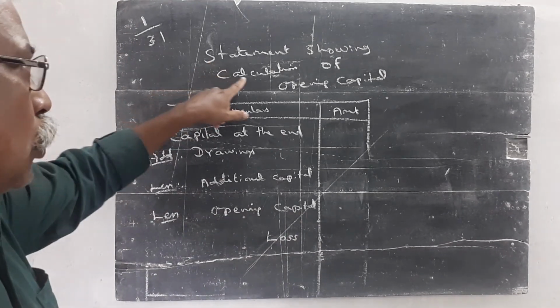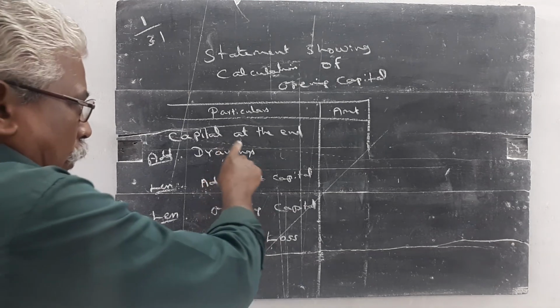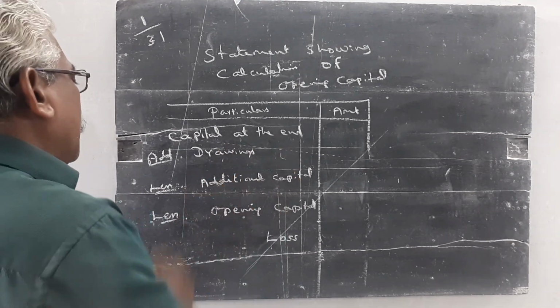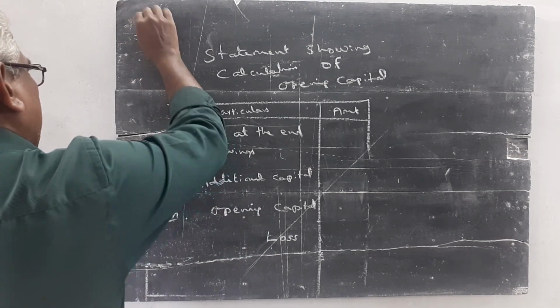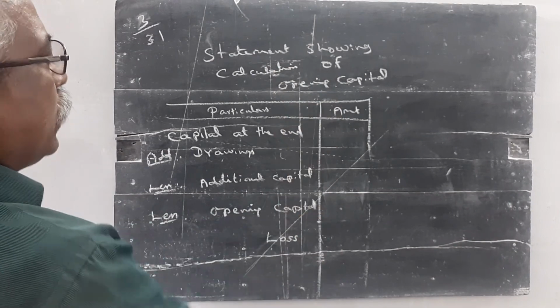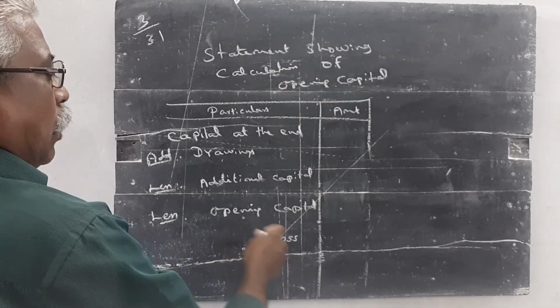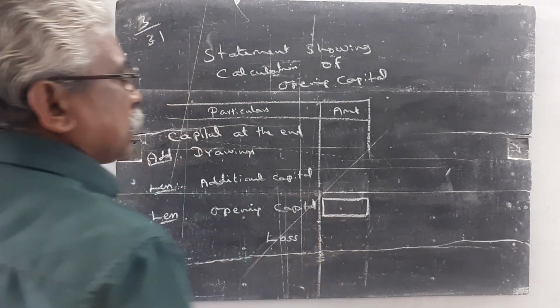First you write this formula: capital at the end, add drawings, less additional capital, less opening capital. This is question number 3. Opening capital, loss is given. We have to fill up all the columns one by one, but we have to calculate the opening capital. Here we get the answer.